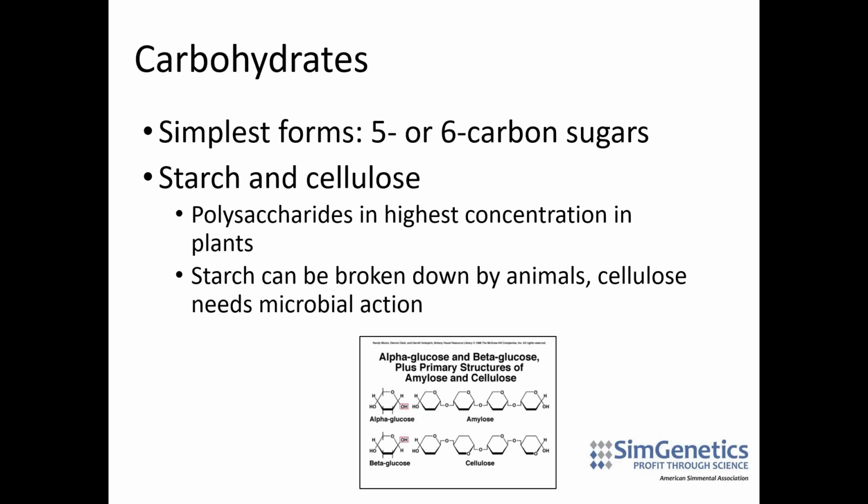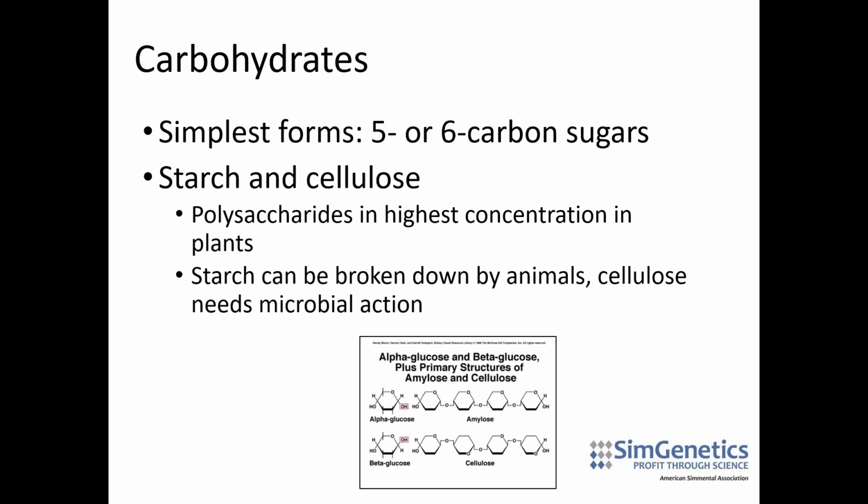And there's a couple of differences. One difference is that starch can be broken down by animals themselves, but cellulose cannot. So cellulose needs those microorganisms to help break down the carbon or the sugar chains.